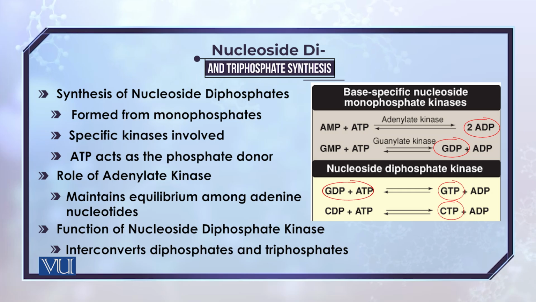In this way, the function of these kinase molecules is not only to provide the phosphate moiety to make the triphosphates or diphosphates of these purine molecules, but also to keep a fair balance between the dephosphorylated and phosphorylated moieties.